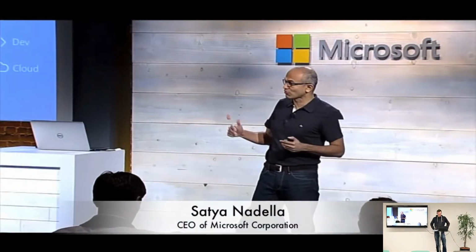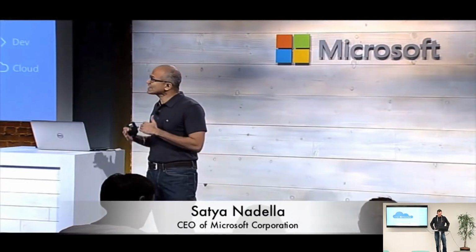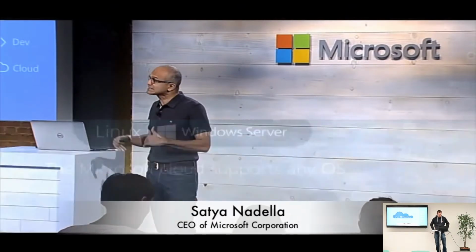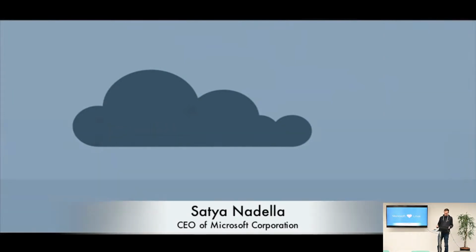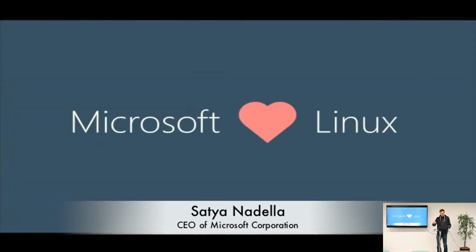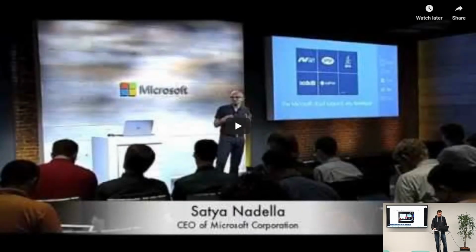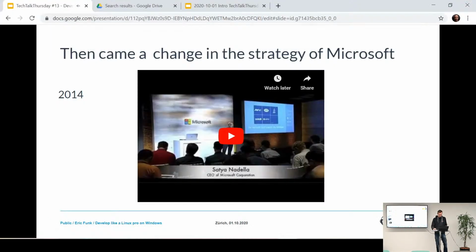We are also a cloud that supports any OS on any container technology. So we support both Linux and Windows Server. This is something that I want to just make sure I drill home. Microsoft loves Linux. 20% of Azure is already Linux.